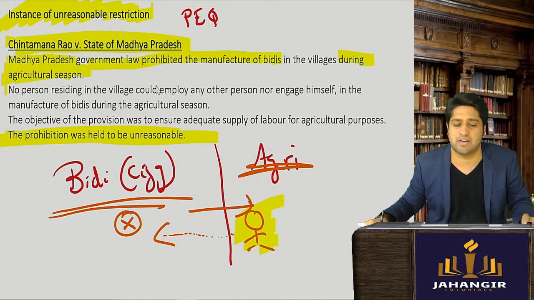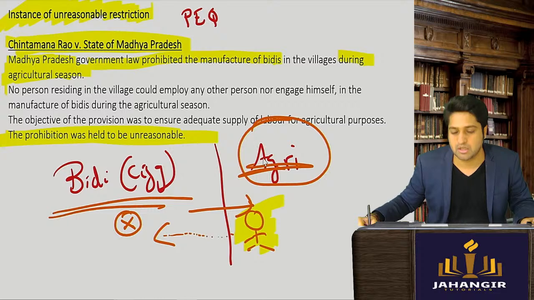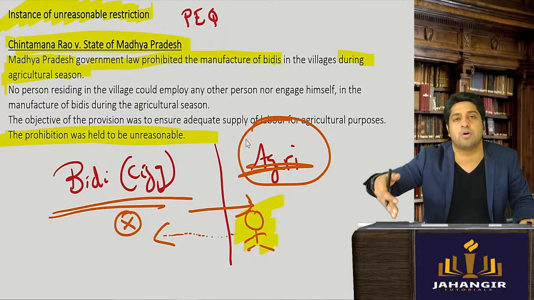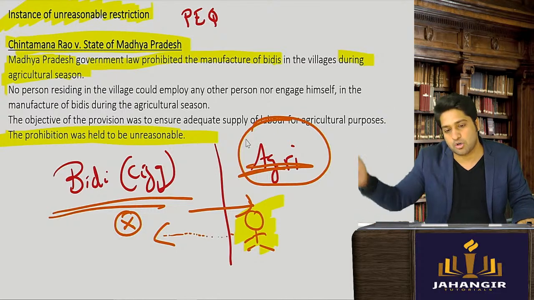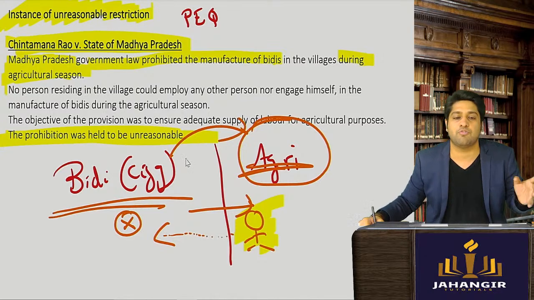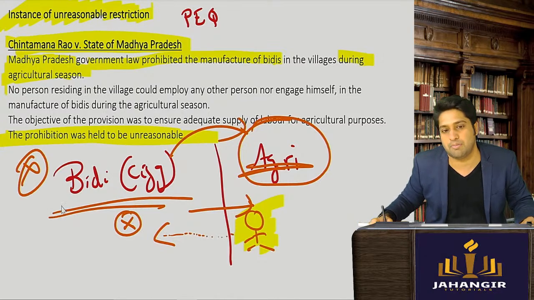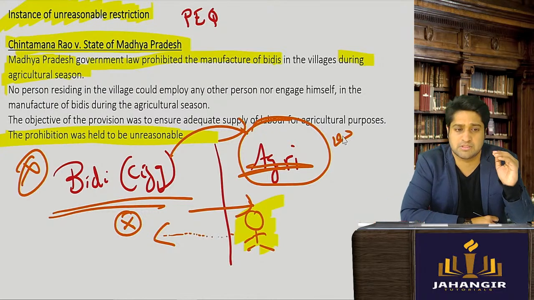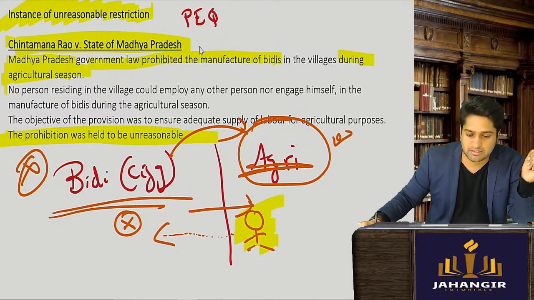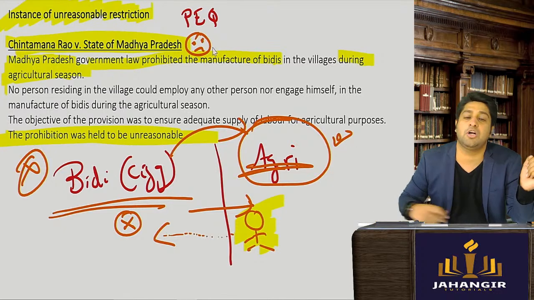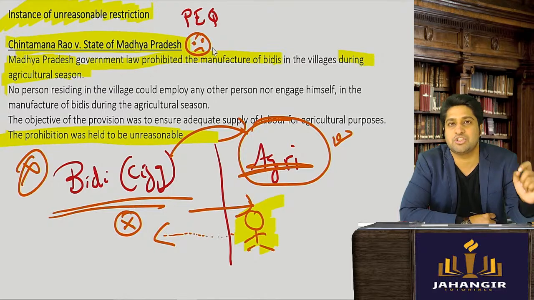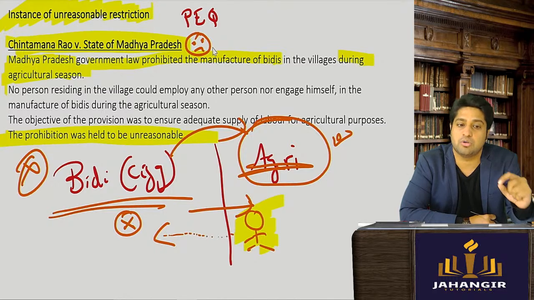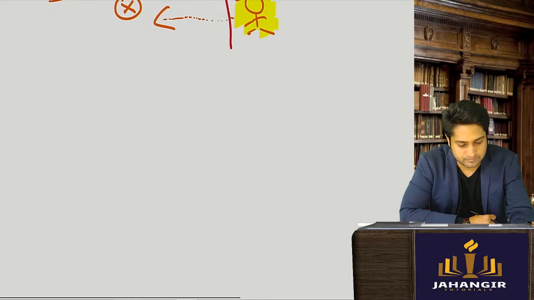You cannot force someone to do agriculture. The government should give good support and benefits so that people want to switch to agriculture. They cannot force that you can't do manufacturing and must do agricultural business. So in Chintamani Rao versus Madhya Pradesh, the Madhya Pradesh government lost, and the restriction on manufacturing BDs was held invalid.